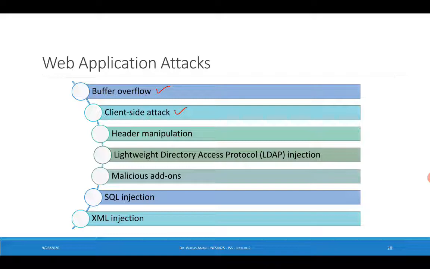But in the client side attack, what happens is that you as an attacker infect the client, or the target in general. We also, in these terms, call it the client.